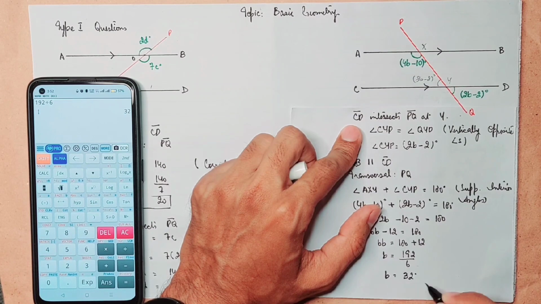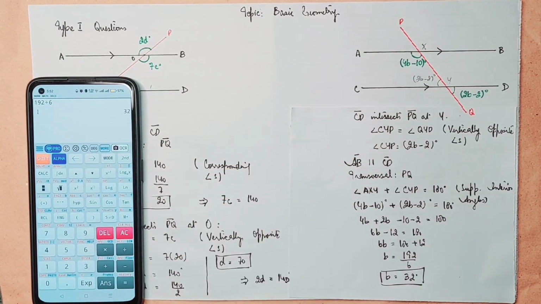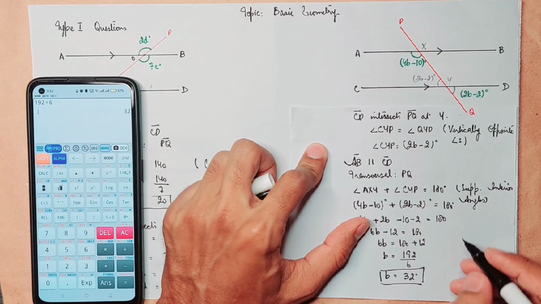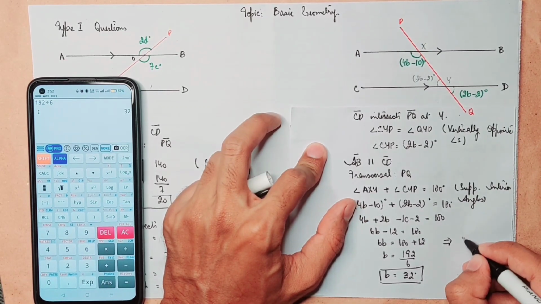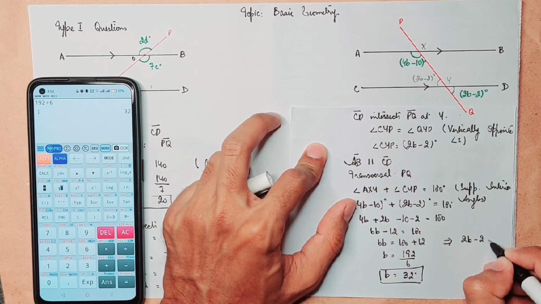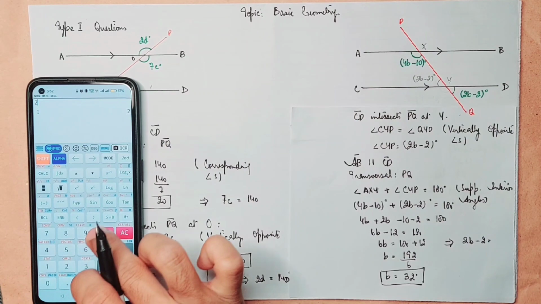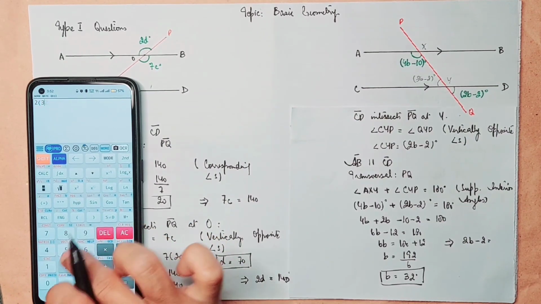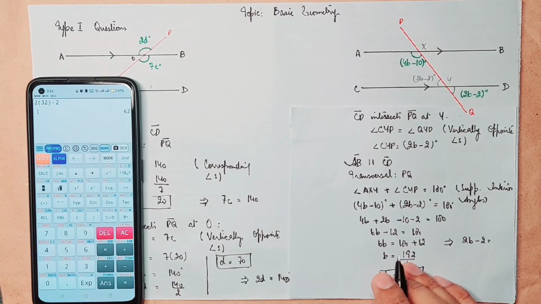So here I have calculated the value of the unknown variable that was used in the unknown angles. This implies that 2b minus 2 is equal to, using the value of the variable b, 2 times 32 minus 2, which gives me 62 degrees.